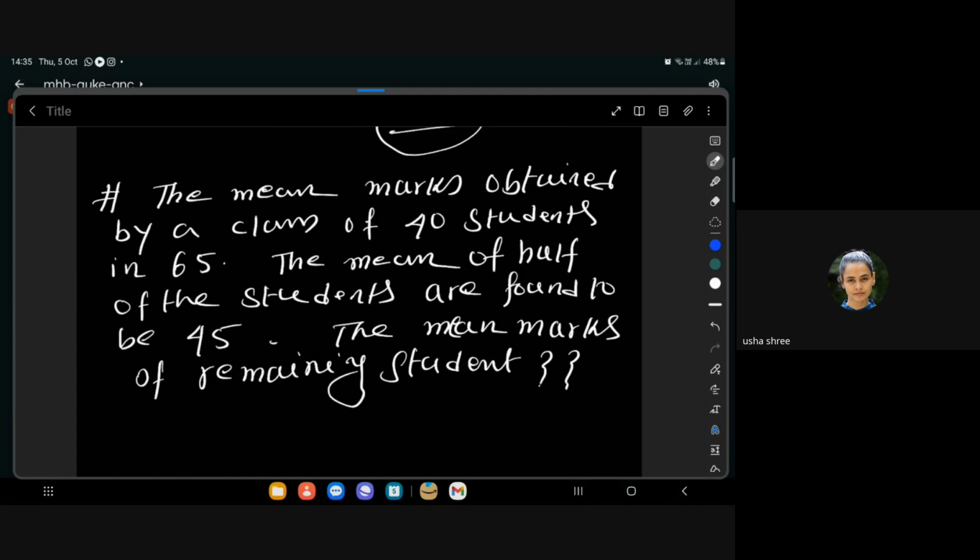There are 40 students in a class. They have got some marks. So the mean marks of the entire class of 40 students is 65, and the mean of half of the class, meaning 20 students, is found to be 45. Then what is the mean of the remaining students?